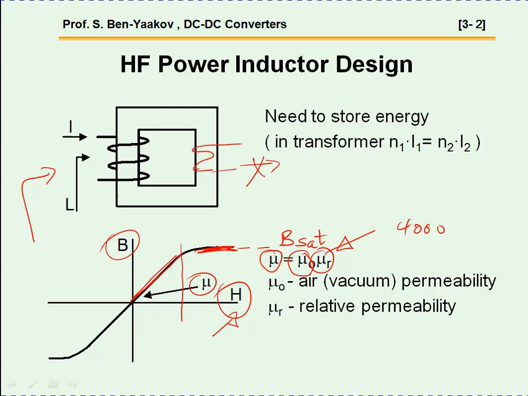That is, B, the magnetic flux density, does not increase anymore. This poses a major problem because if this slope represents permeability, then in this case, when you reach saturation, the slope is very low, so consequently the permeability is very low, and so the inductance will drop.